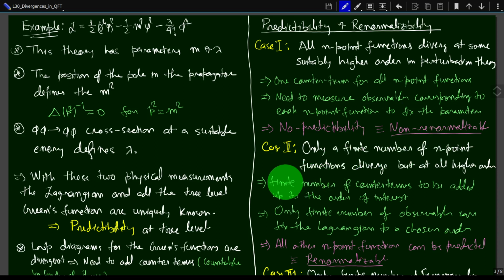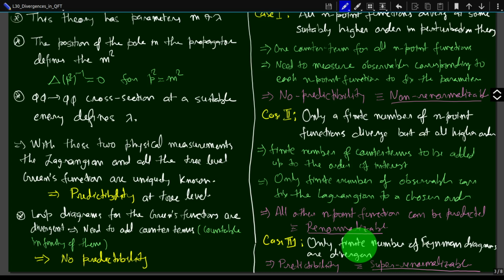If that happens, then we need a finite number of counterterms, added up to the given order of interest, and only a finite number of observables that we need to measure to fix the Lagrangian. All other n-point Green's functions can be predicted using the numbers that we have just fixed, and such a thing is called renormalizable.